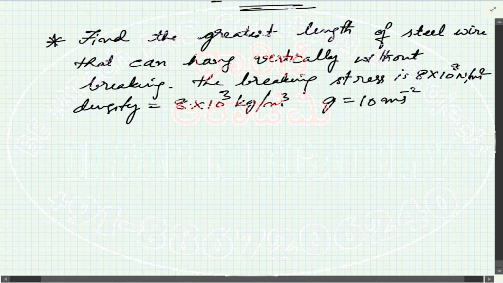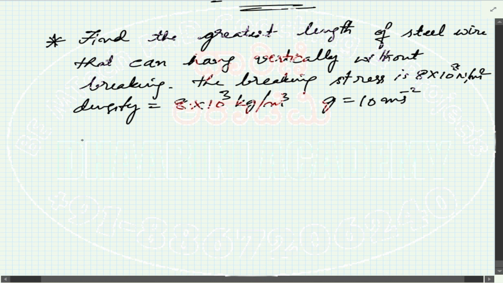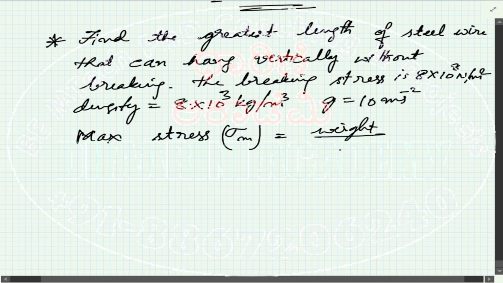So the maximum stress inside an object is obtained by having a weight by area. So I can write maximum stress, that is actually denoted by sigma m. This should be equal to the weight divided by the area. So I can write W by A. But you see here, the weight is actually the force. I need to convert this into force, right?